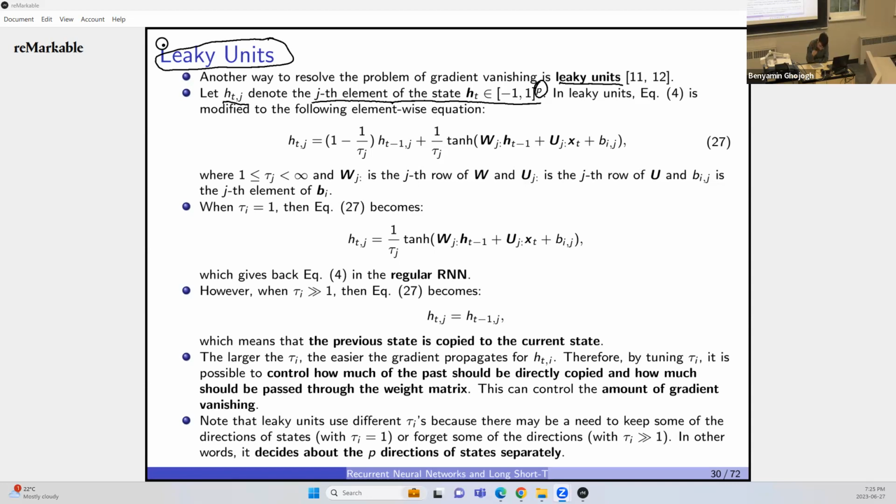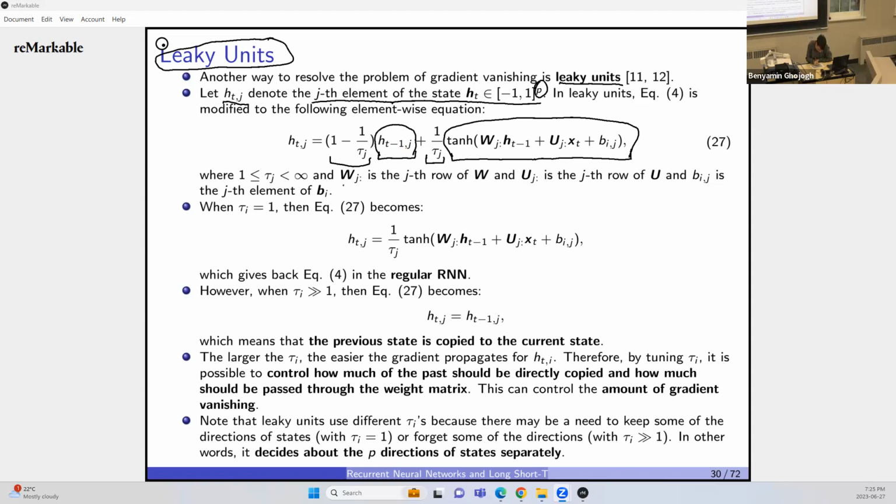Then in leaky units, equation 4 is modified this way: we have HTJ equals 1 minus 1 over tau J times H(t minus 1),J, which is the jth element of the previous state, plus 1 over tau J times the hyperbolic tangent of this. This we already had before, but now it is for the jth element.